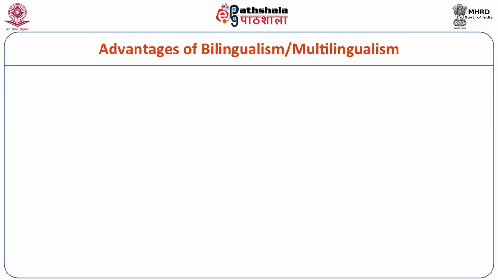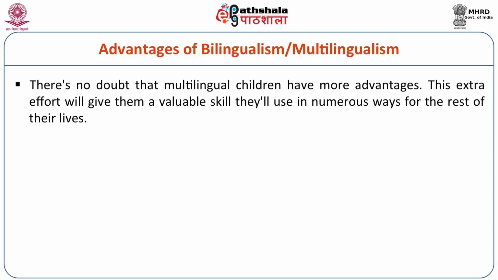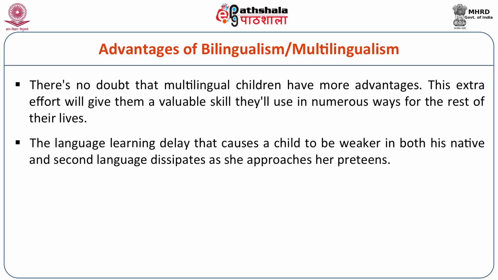With these disadvantages, once again we come to the advantages. There's no doubt that multilingual children have more advantage. The language learning delay that causes a child to be weaker in both her native and second language dissipates as she approaches her preteens.